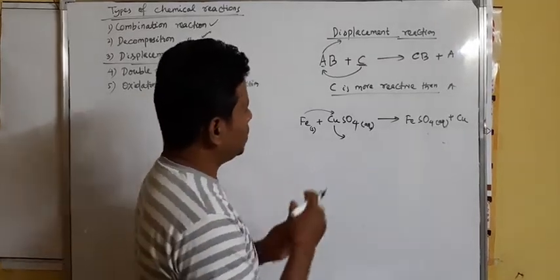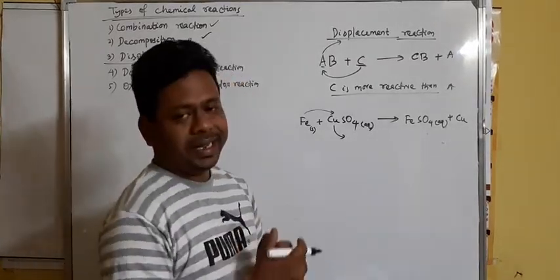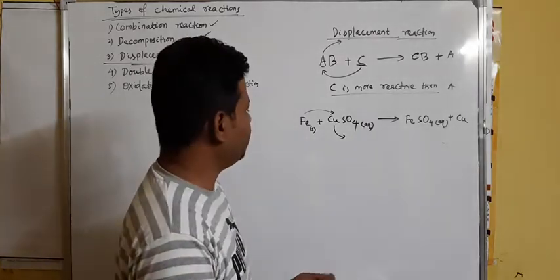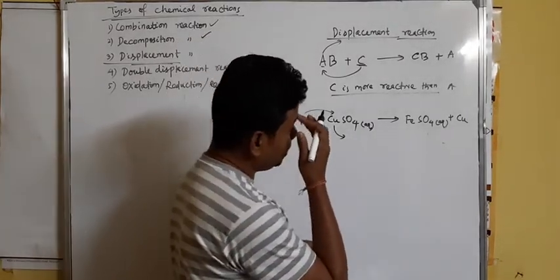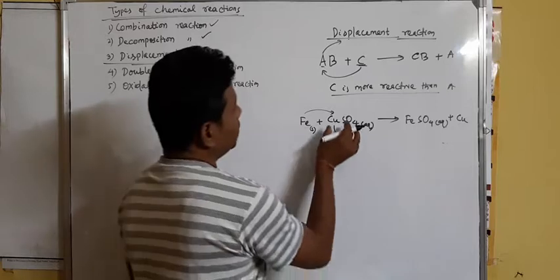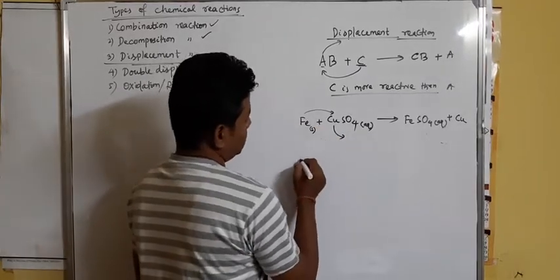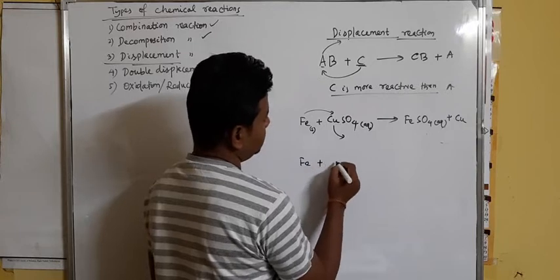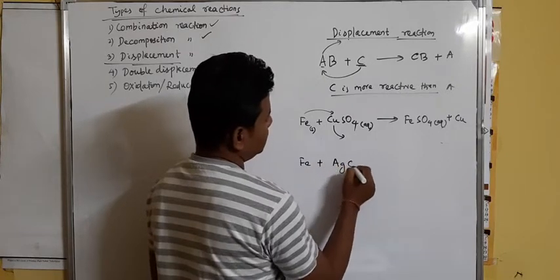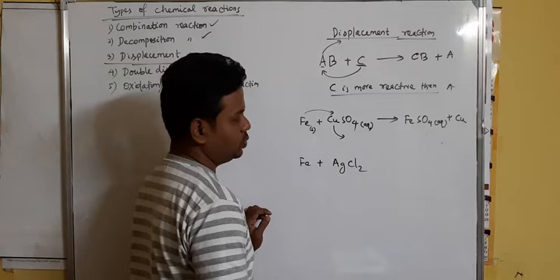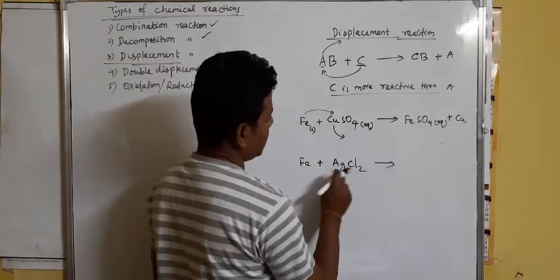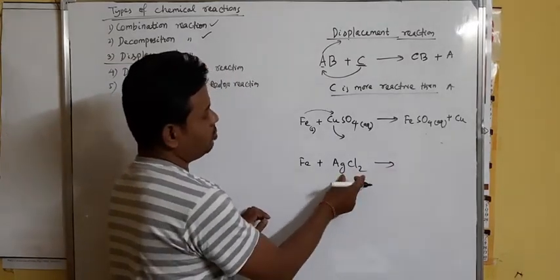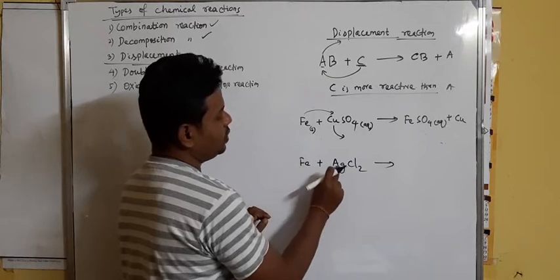You can take a different example. For example, Fe when it reacts with AgCl2, which is also a compound, and iron is more reactive than Ag.